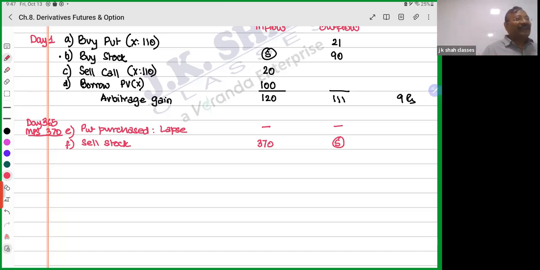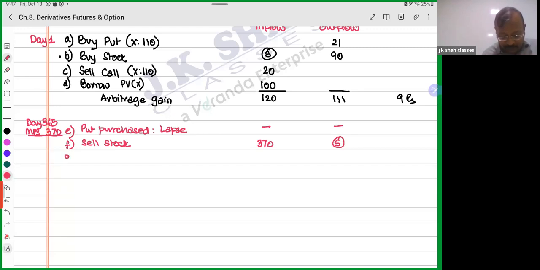Acha, now you know it's very easy. Put is lapse. It means call is going to be exercised. And if it is going to be exercised, it is going to be squared off. Now, what did you originally do to the call? Sold. Now it's squared off, matlab now it will be purchased. Right?